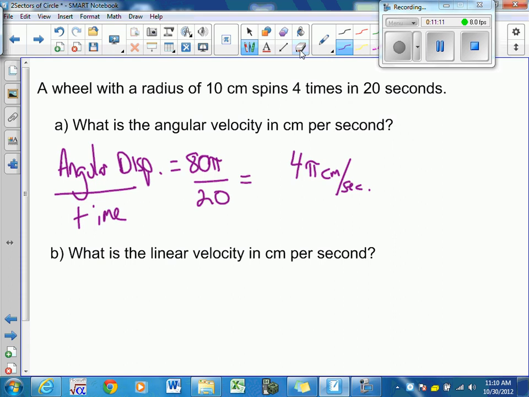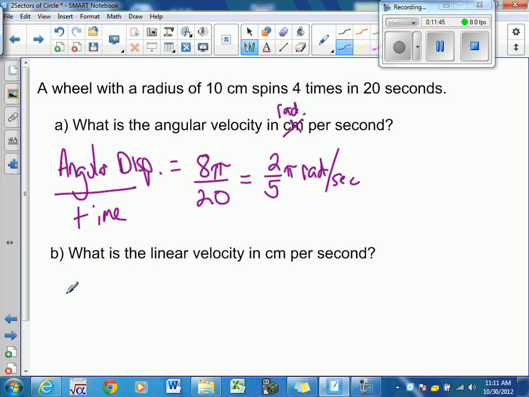So if I divide, this is going to be 2/5 pi radians per second. This should not say centimeters. That should be radians. If we want to find our linear velocity, that is the linear displacement over time.